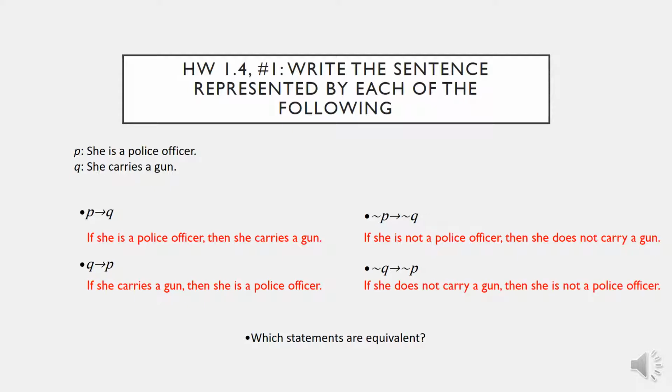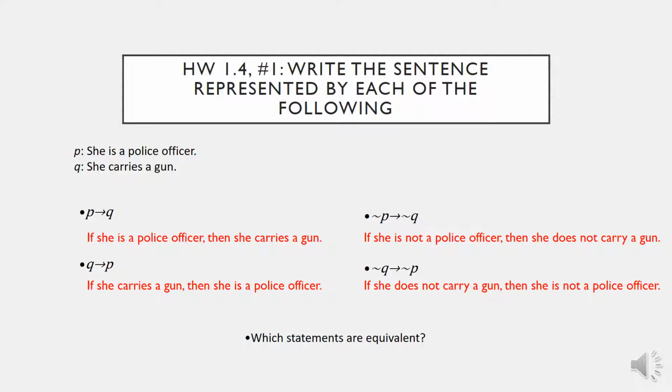And then lastly, they want to know which of these statements are equivalent. So let's take a look. I want to start by looking at the conditional, P implies Q, and I want to see if there's anything that matches that or anything that says an equivalent statement. So if she is a police officer, then she carries a gun.